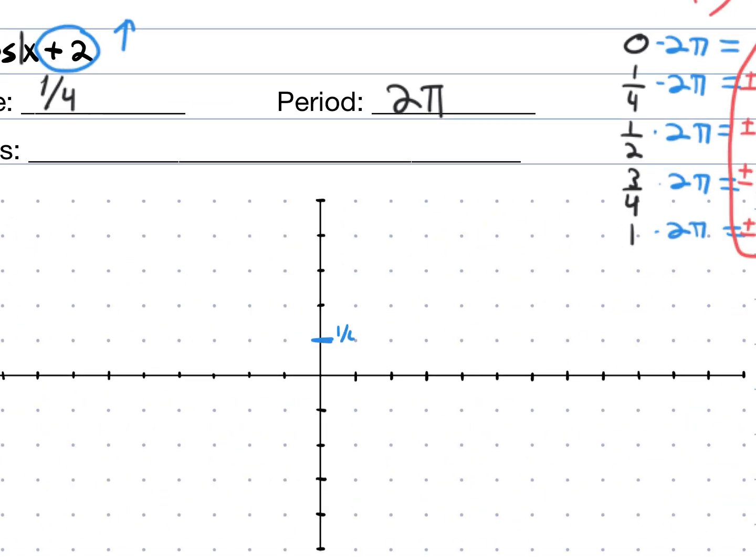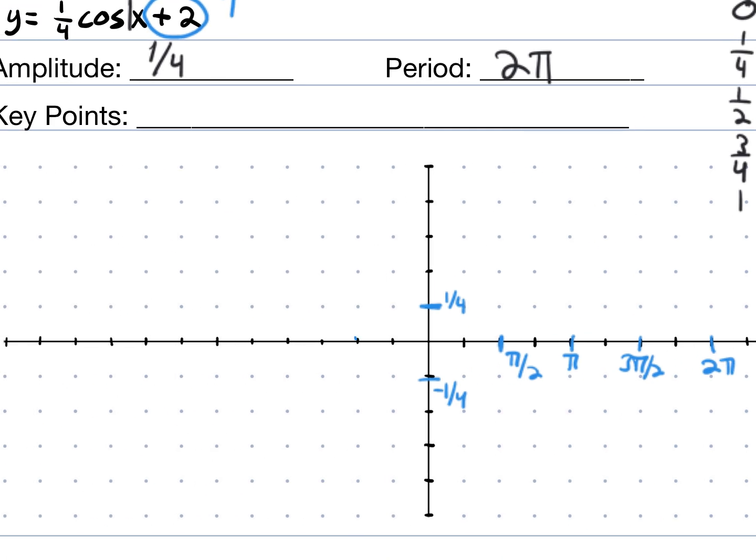I'm just going to say that this is 1/4 and negative 1/4. And then I'll say that this is pi over 2, pi, 3 pi over 2, and then 2 pi. And then we'll do the same thing in the other direction. So negative pi over 2, negative pi, negative 3 pi over 2, and then negative 2 pi.